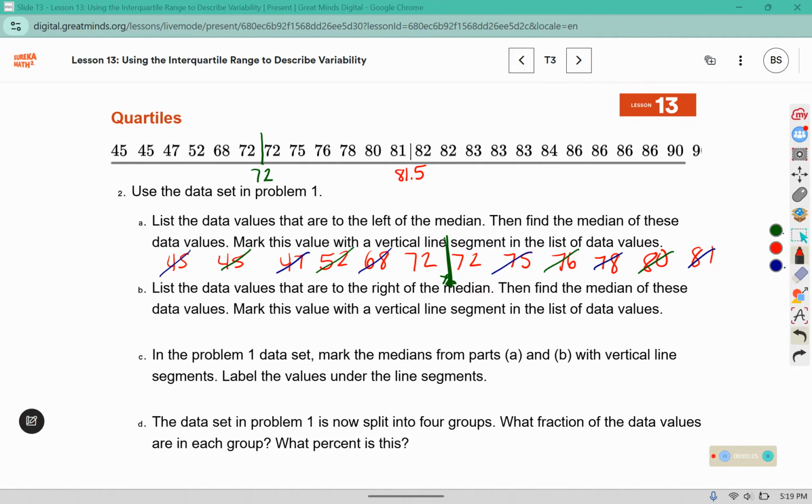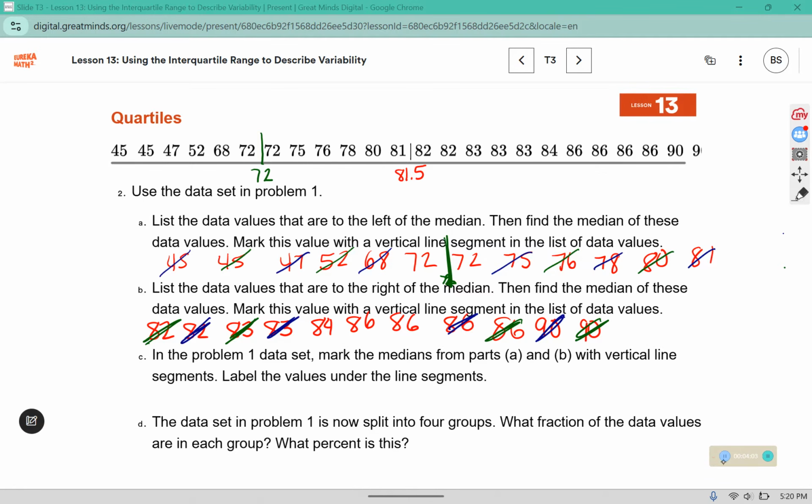Part B says to list the values that are to the right of the median. There should be 3 83s in here.